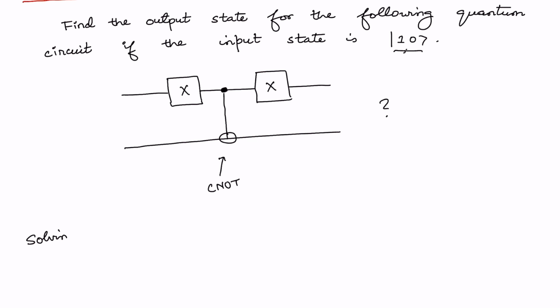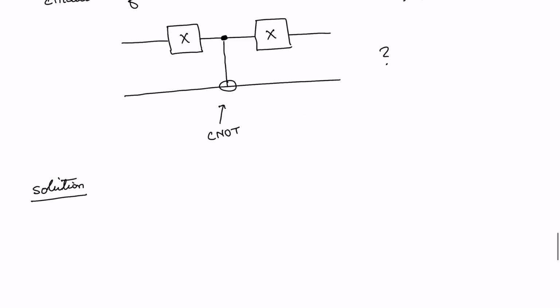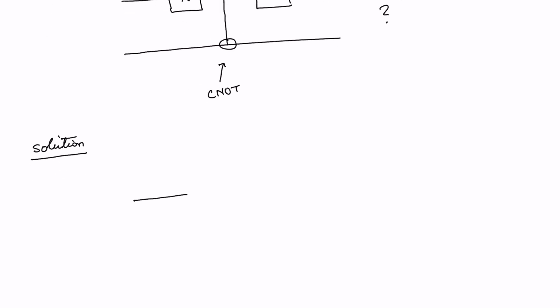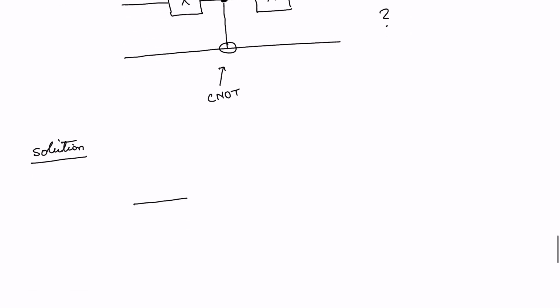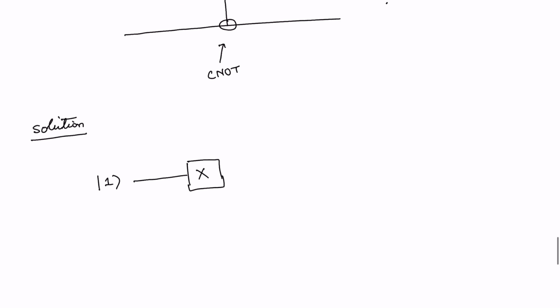To do that, it's very easy. Let us do it methodically. First of all, |10> is the input, so that means that |1> is applied on the first line, and |0> is applied on the second line.